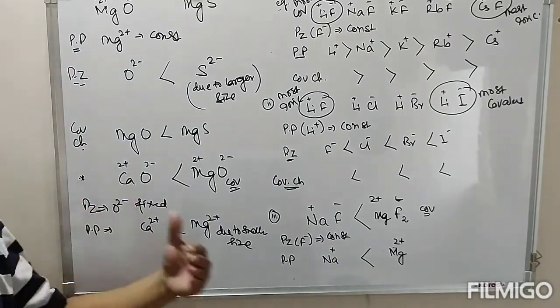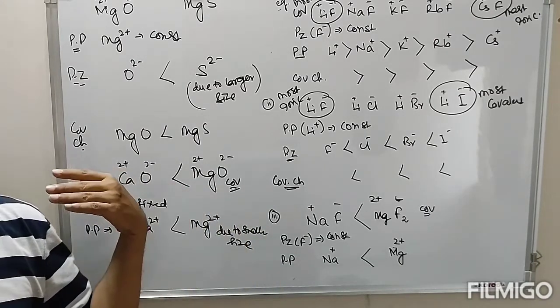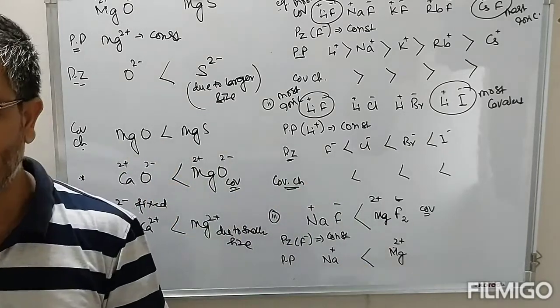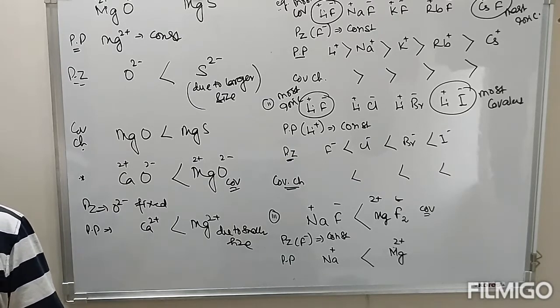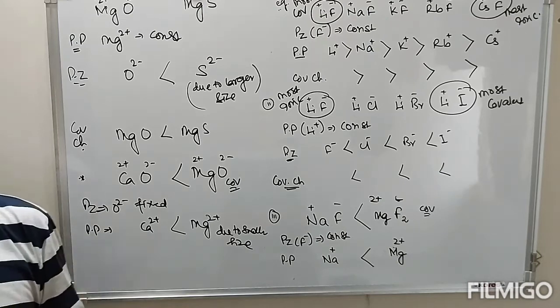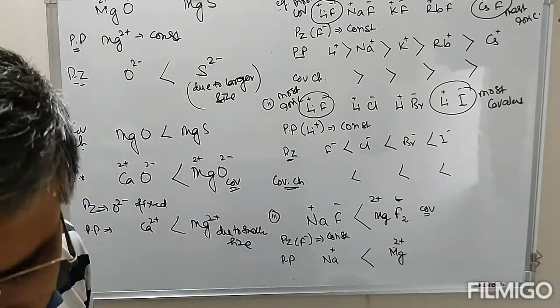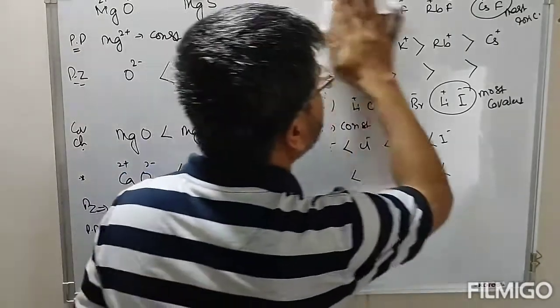So by use of this Fajan rule, we can easily predict the covalent character in ionic compounds. So this is how we visualize this ionic bond. So every ionic bond is not 100% ionic, but along with this ionic character we also have some covalent character.